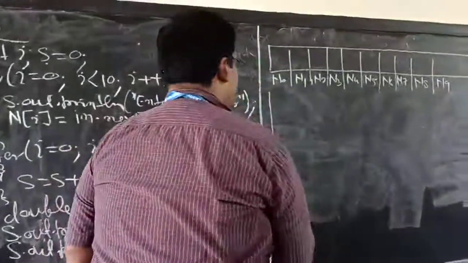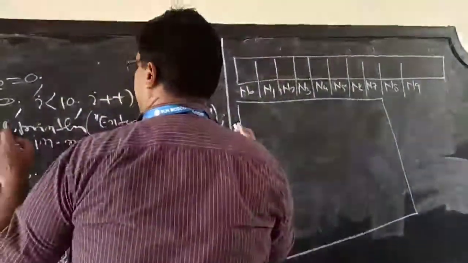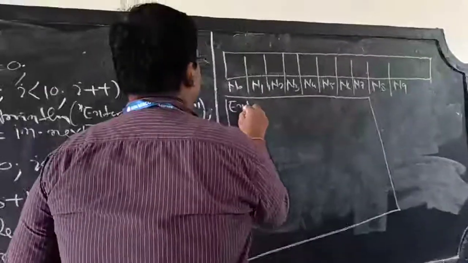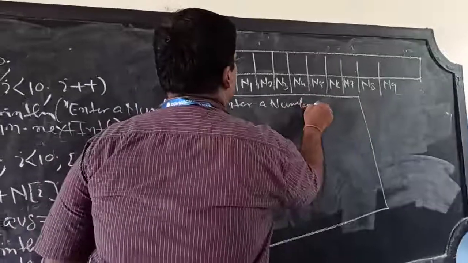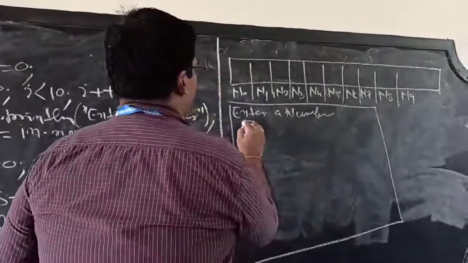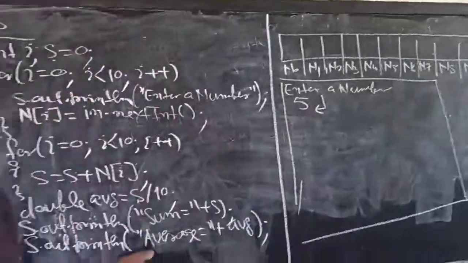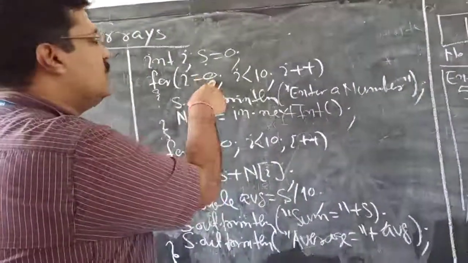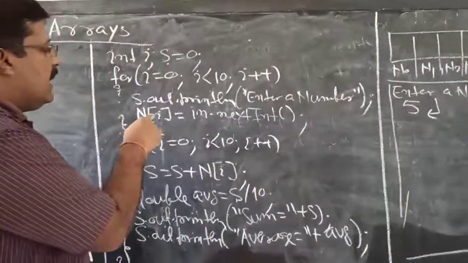So when we run the program in the terminal window, the message will come: enter a number. Suppose you have pressed 5, press the enter key. As you press 5 and the enter key, i value is 0, so the first number 5 will get stored in n0 place.